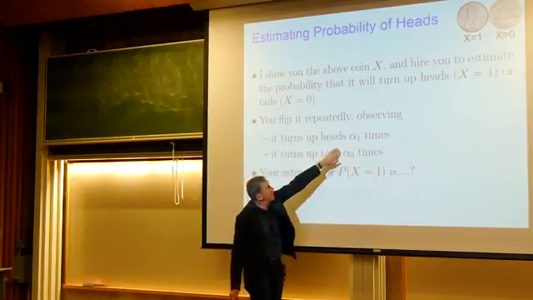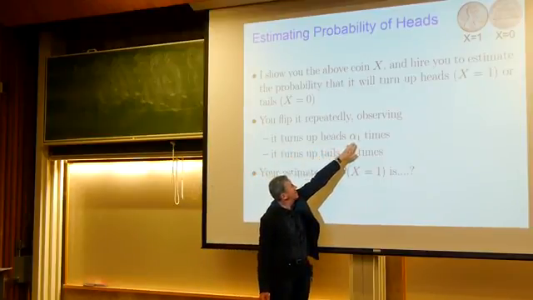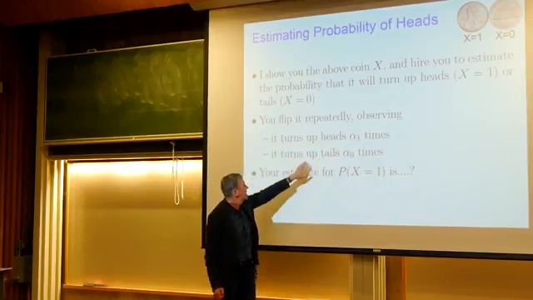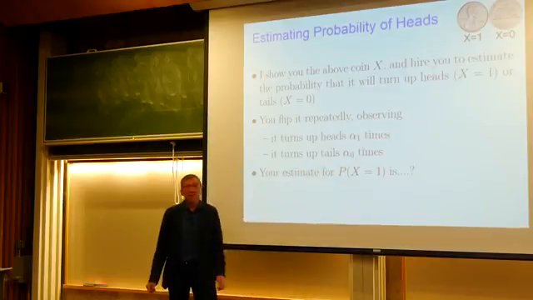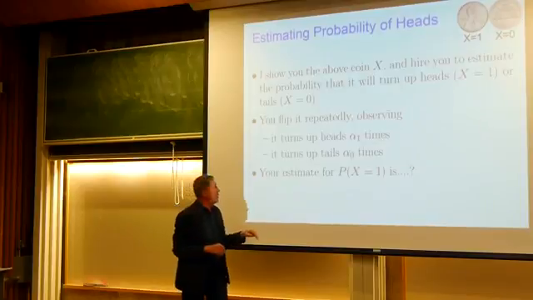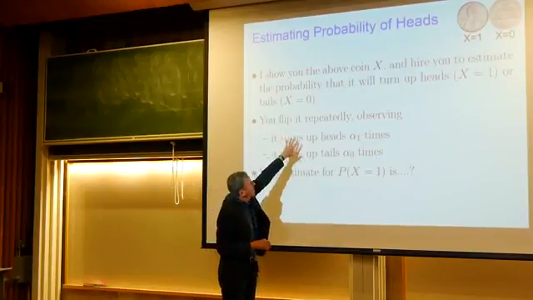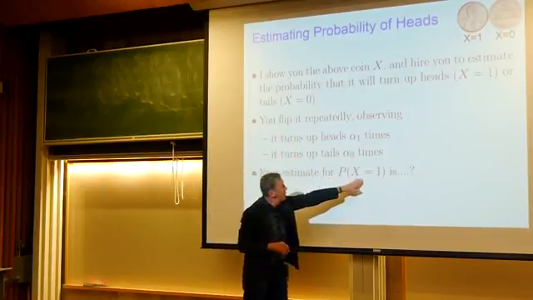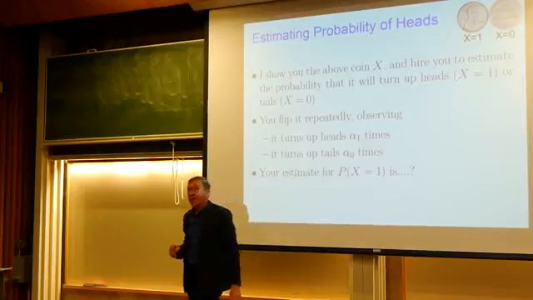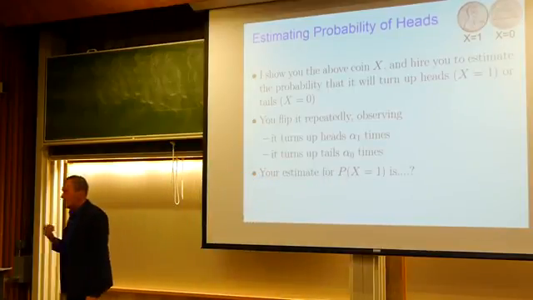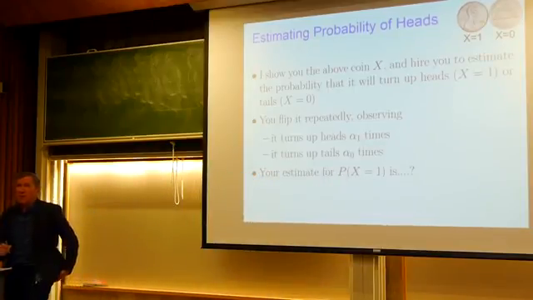Maybe you would observe that it ends up heads alpha 1 times, and it comes up tails alpha 0 times. So who wants to give me an algorithm which, given that set of experiments, will predict what the probability is that x will generally be 1?